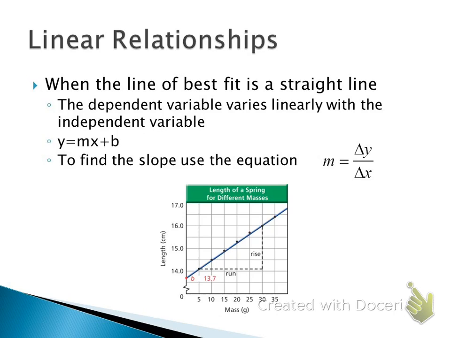Here's an example of a linear graph. The line of best fit is going to be found by this equation, y equals mx plus b. Do we need to talk about this equation, or is everyone feeling good about that? Hopefully everyone's feeling good about that.